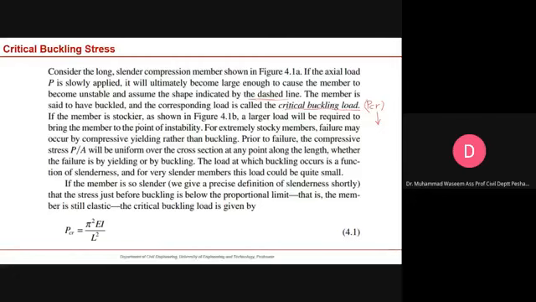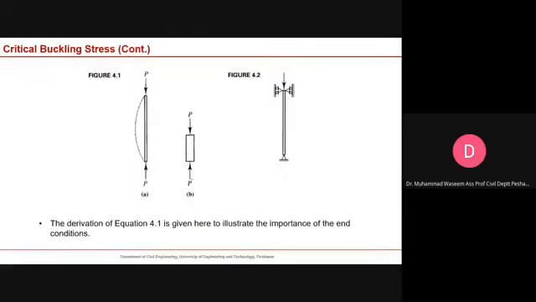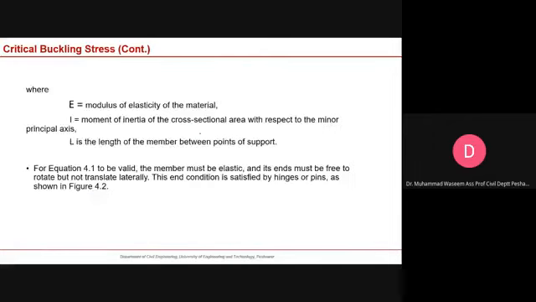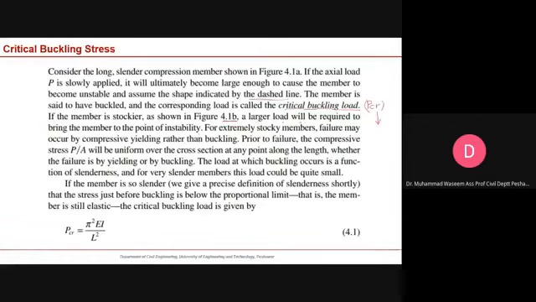If the member is stockier, as shown in figure 4.1b, a larger load will be required to bring the member to the point of instability. It is saying that the magnitude of the critical load or the failure load will be higher for a stockier column as compared to the cylinder column.